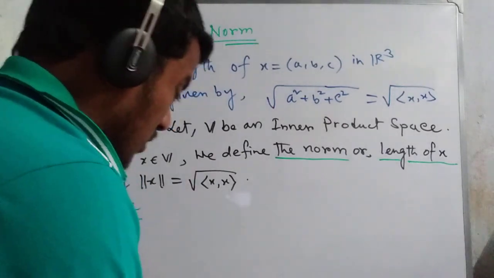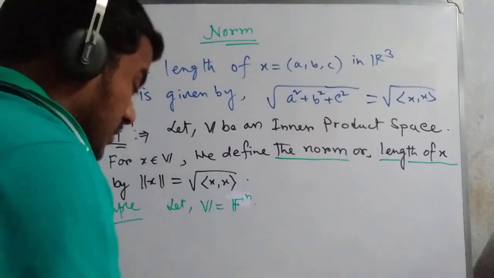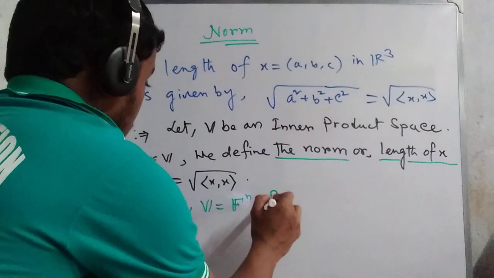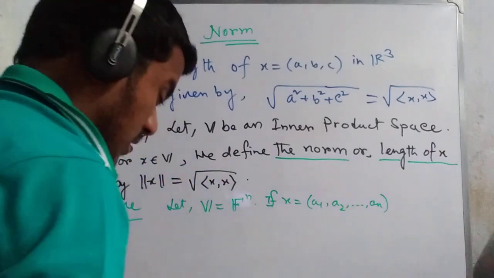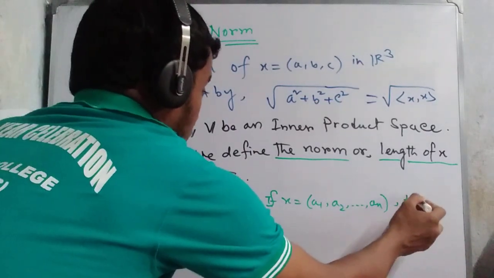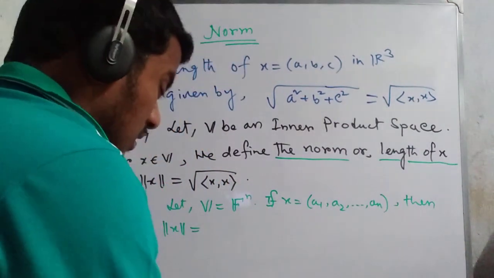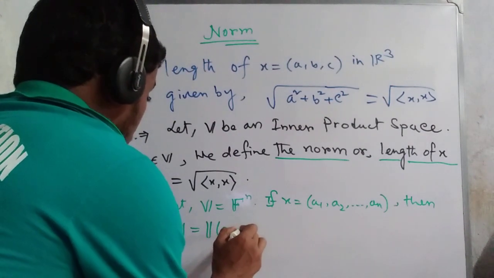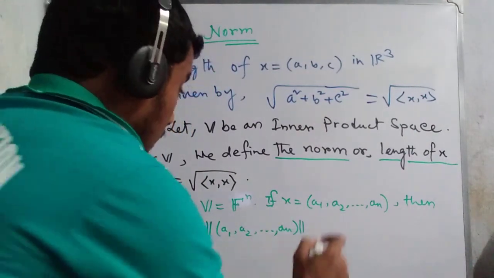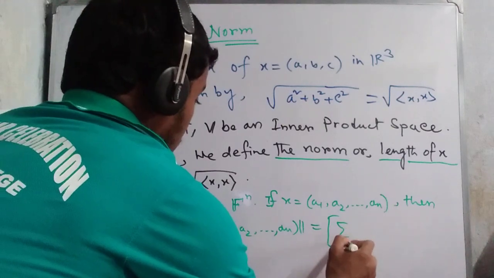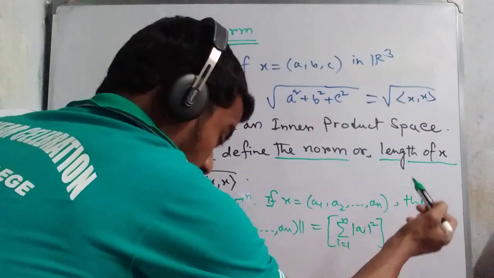Now we write one example related to that. Let V equal F^n, and if x equal (a1, a2, ..., an), then norm of x equal to norm of (a1, a2, ..., an) equals the sum over i equal to 1 to n of mod of ai square, whole to the power half.